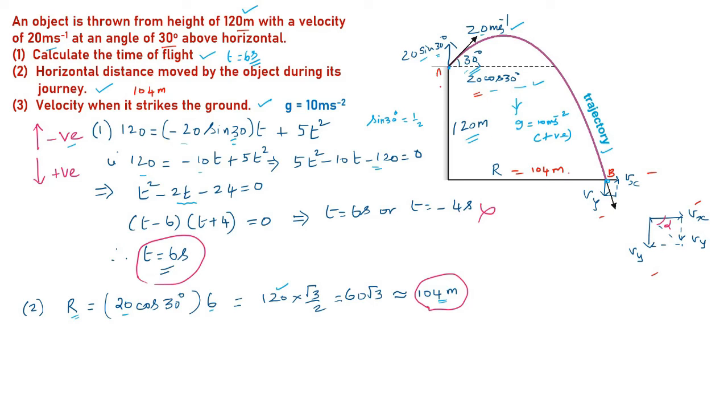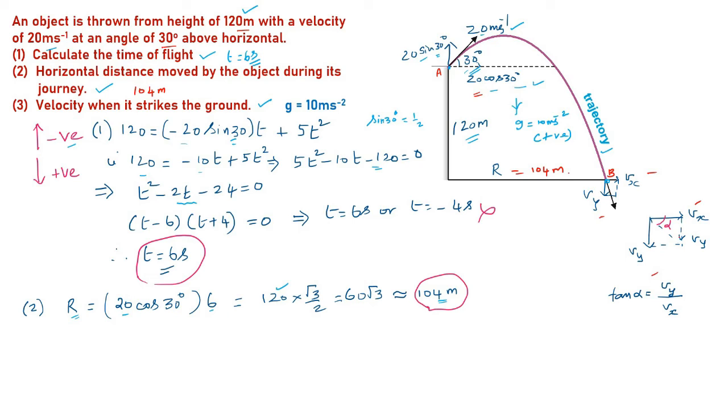At A, let's call this A, the vertical component of velocity is 20 sin 30 numerically. So Vy, if you want to find, you can use the formula V equal to U plus at. But of course this Vx will be same as Ux because horizontal component of velocity will not change. Tan alpha is Vy by Vx. This is alpha, opposite by adjacent.